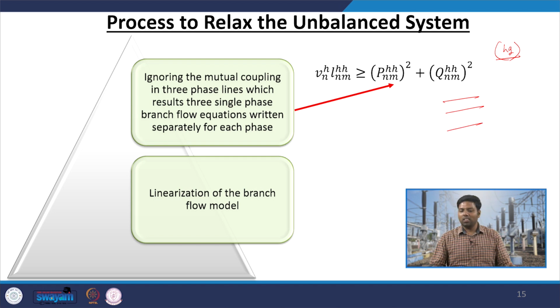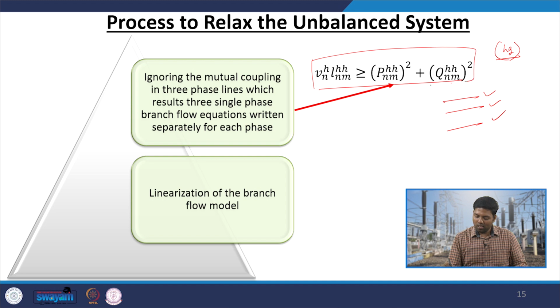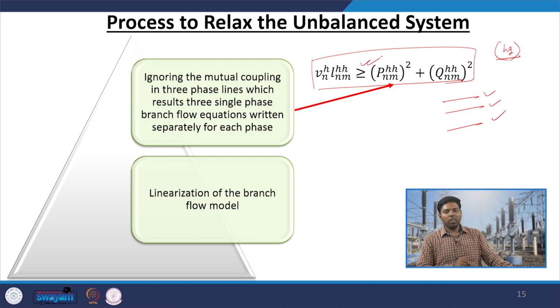They may not be balanced, so you cannot represent them as a single-phase model, but the 3 phases will be completely independent of each other, and they have only these equations in their branch flow model. If so, then obviously you can do the SOCP relaxation, and it will hold true for each phase. Got it? The other option is that you go for a linearization process.